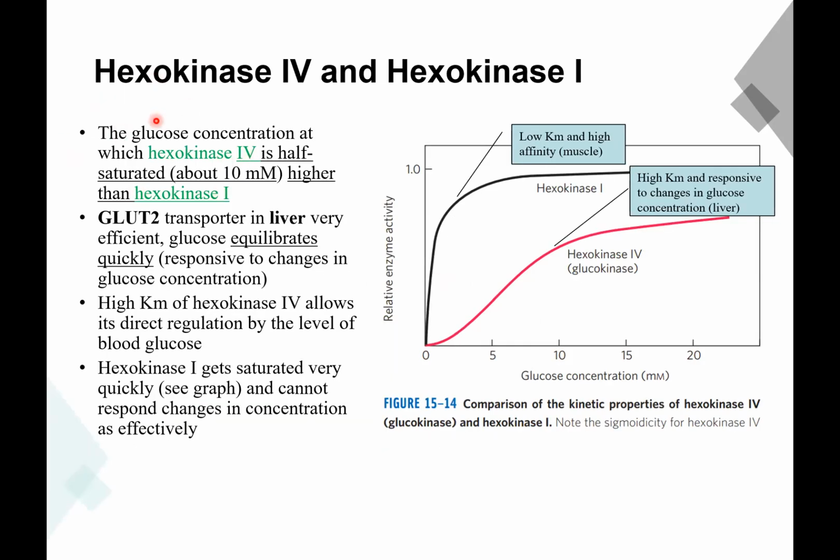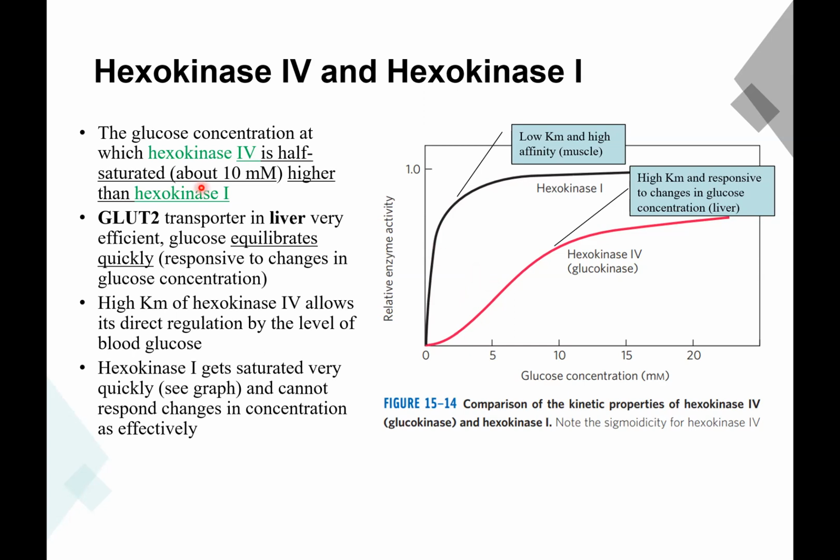So back to our friend Michaelis Menten, we're going to see a real biological example here of why things like Km matter, right? So glucose concentration and enzyme activity, if we compare hexokinase 4 and hexokinase 1, produce very different graphs here.